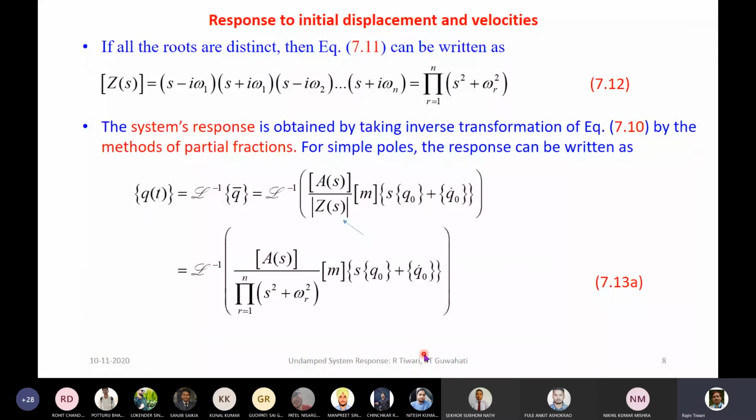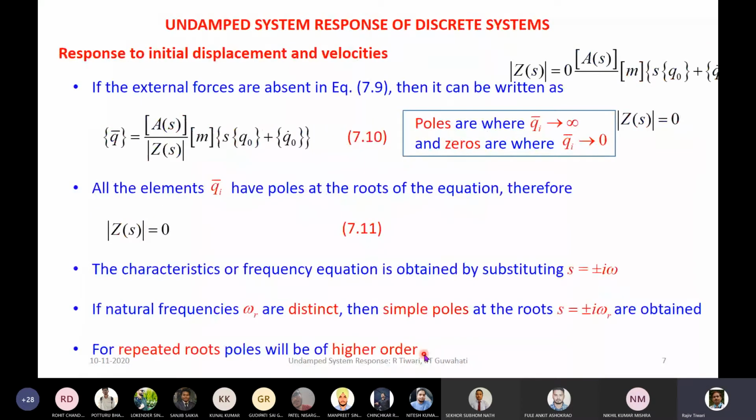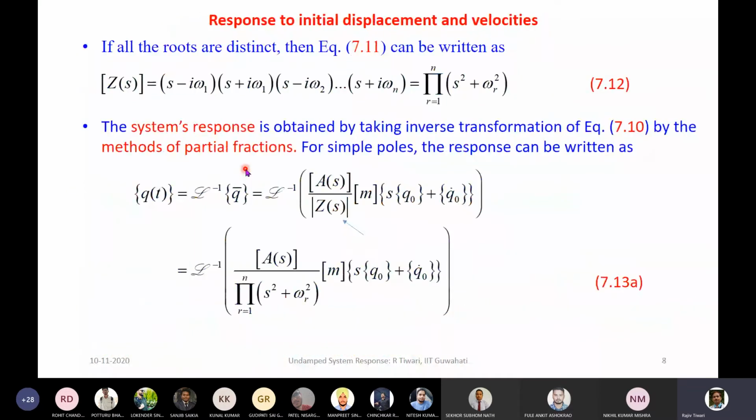So now let us do some more analysis on this. Z actually, if we have n number of poles or n number of natural frequencies, can be factorized like this. You can see that when we put s equal to i omega 1, this becomes 0.